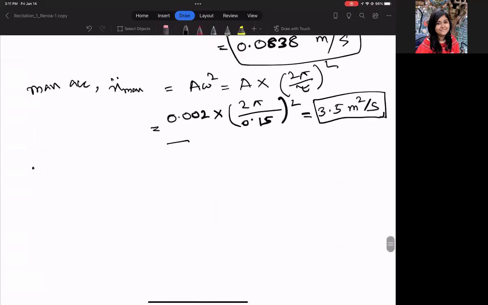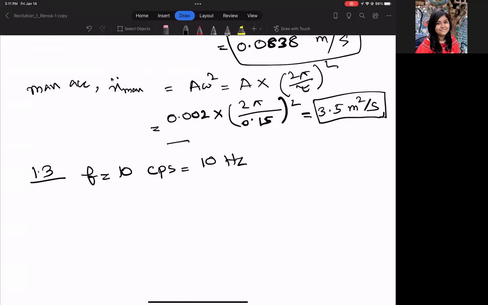We are given that frequency f is equal to 10 cycles per second, or we can write it as 10 hertz as well.